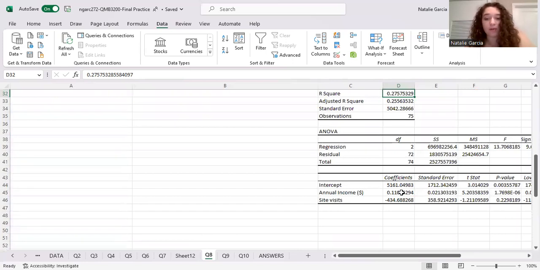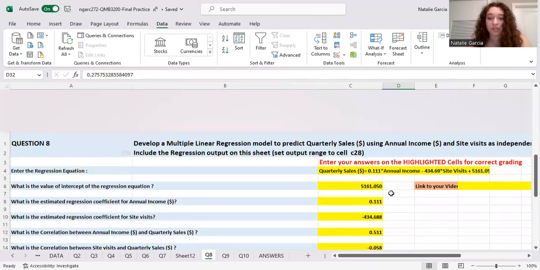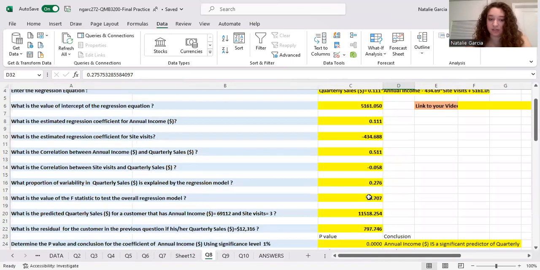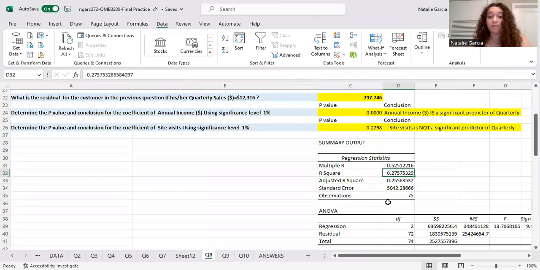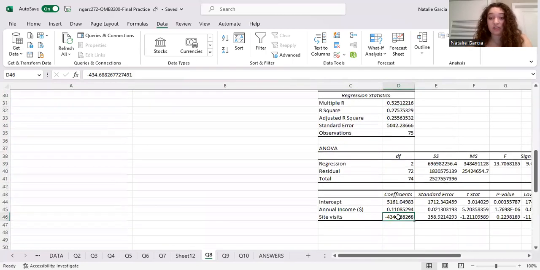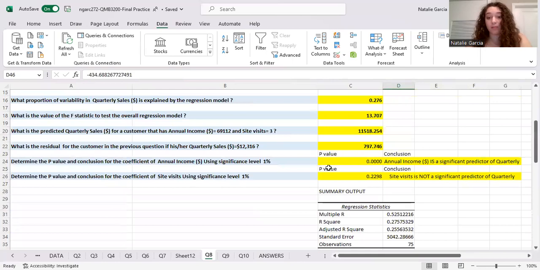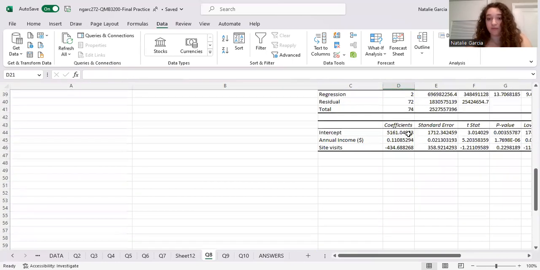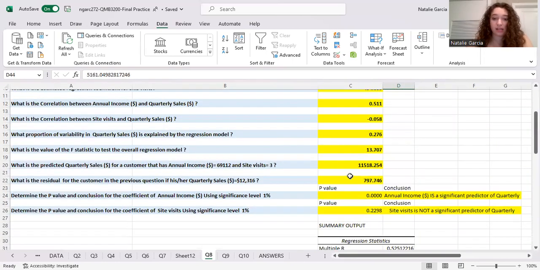So quarterly sales equals this times the given number, which was 69,112, plus site visits times the given number 3 plus the intercept, and that'll give you the final result here in this case of $11,518 and 25 cents.